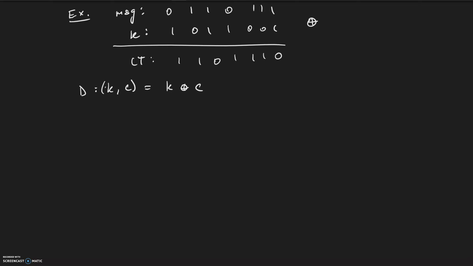So then we have to verify that this satisfies the consistency requirements, right? So indeed, we see that this is true. If we encrypt a message using a particular key, and then we decrypt using that same key, we get, if we rewrite this, as follows, M, right?